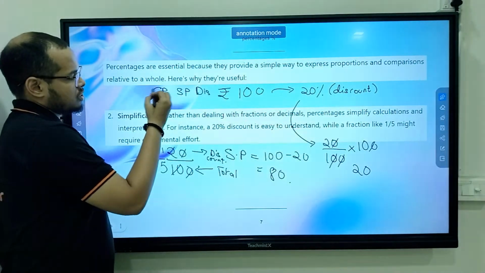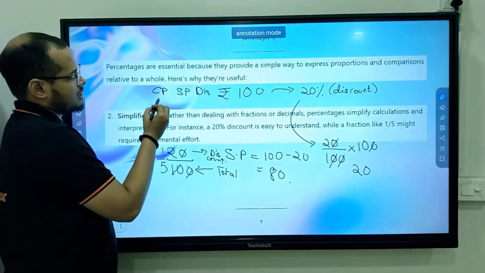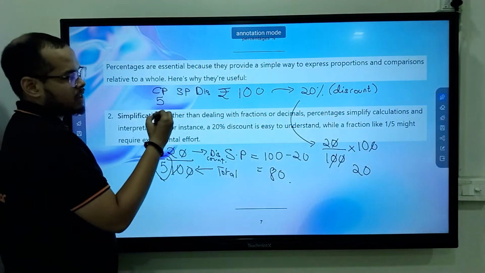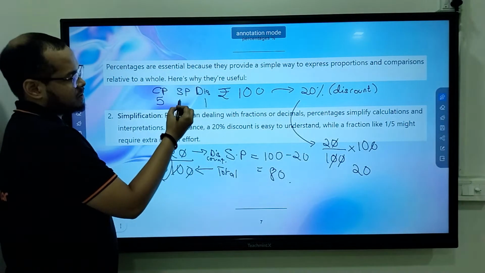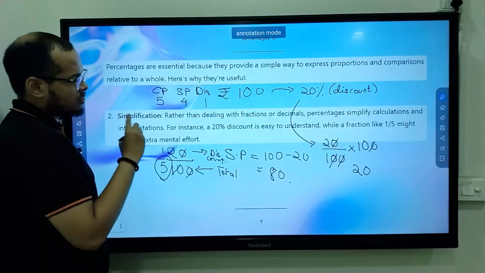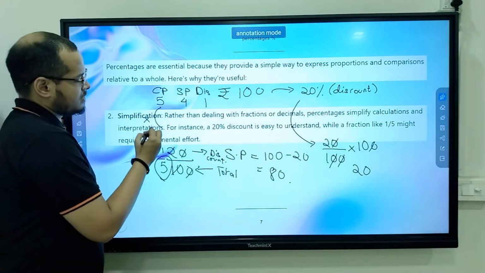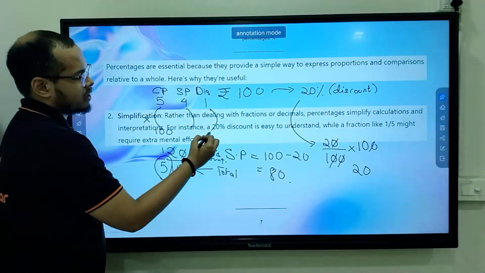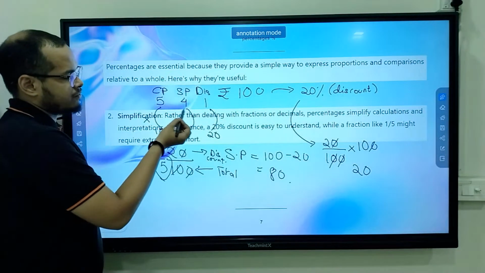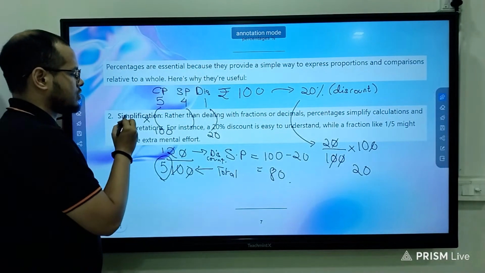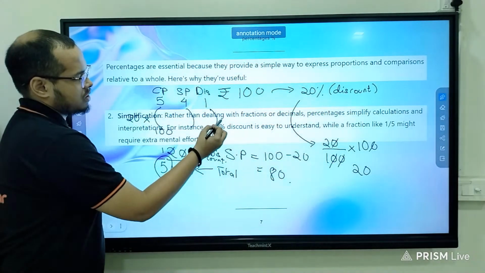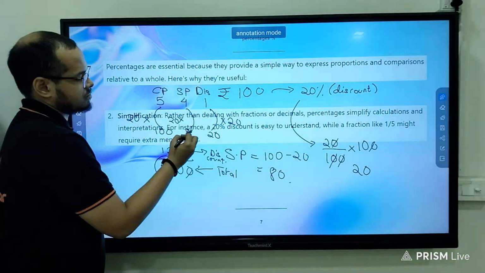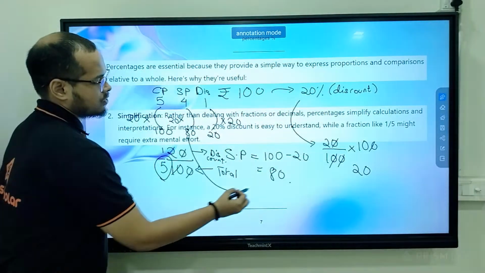Cost price here is 5, discount is 1, so selling price is 4, right? If the value of 5 is 100, then what will be the value of 4? If the value of 1 is 20, what will be the value of 4? Simple, you can go from either direction. Multiplied by 20, the answer comes to 80. That is what we have got.